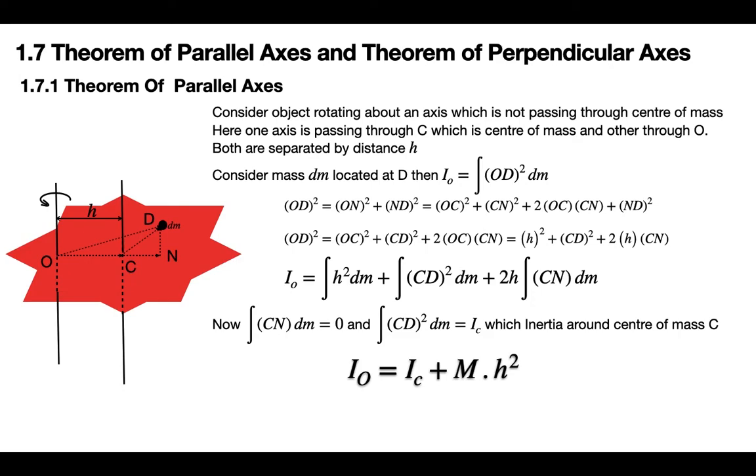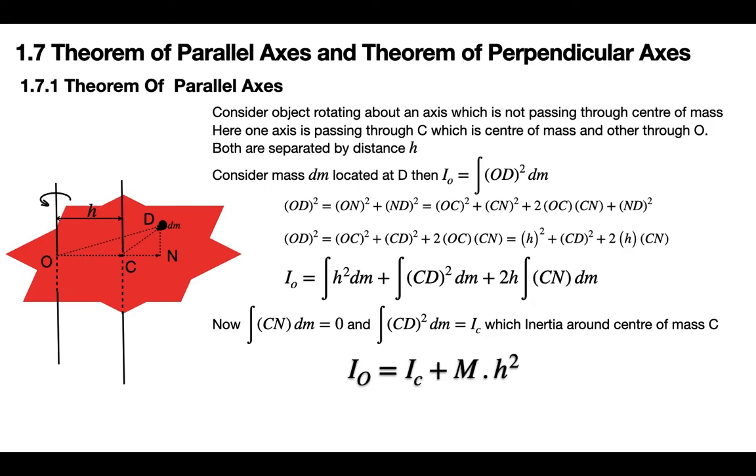So this theorem is very helpful in calculating moment of inertia. I give an example: if you know the moment of inertia through the center, then you can calculate the moment of inertia about the edge of the ring and perpendicular to the plane of the ring.